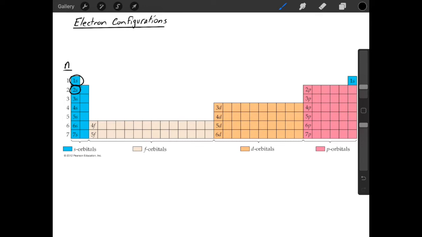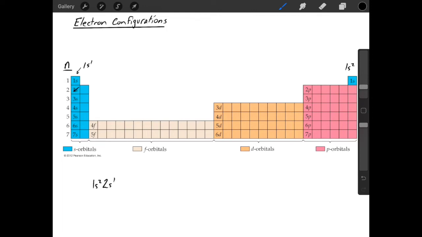And that pattern continues. The other thing you might notice if you read from left to right across the periodic table is that reading left to right represents writing the electron configuration. Hydrogen is a 1s1 configuration, helium is a 1s2, and then the next element, lithium, is a 1s2, 2s1 configuration.